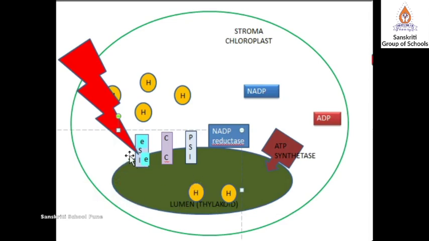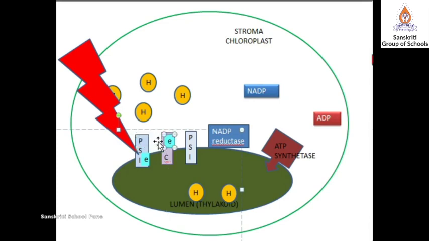Now meanwhile, these energized electrons start jumping from photosystem 2 to an electron acceptor, which is known as the cytochrome complex.